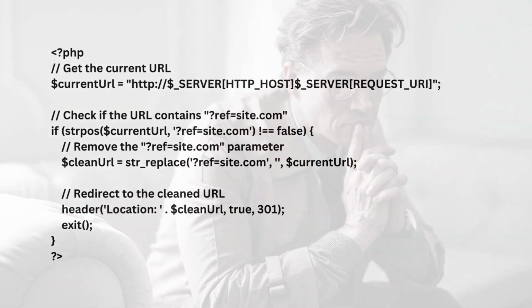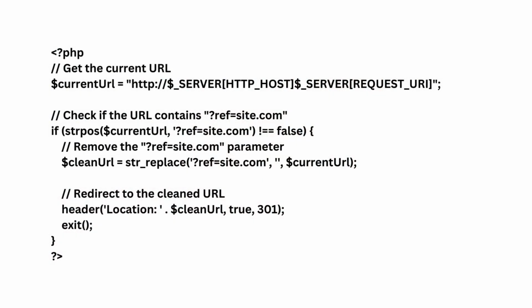If you're too sensitive about your website's activities in the backend, for example, seeing those kinds of parameters, consider this PHP code: the website checks if the URL contains the ref=site.com parameter and redirects the user to a clean version of the URL without the parameter.